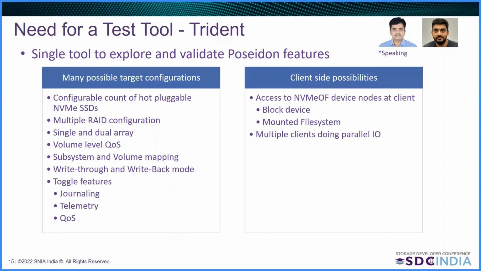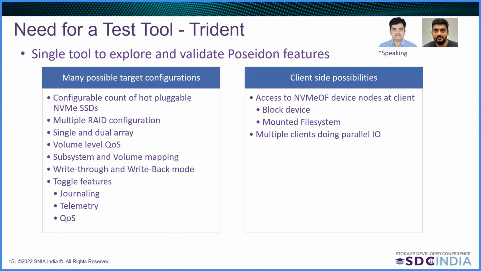We can create a data array using a minimum of 4 NVMe SSDs up to 32 SSDs. We can create multiple types of RAID arrays. Supported are RAID 0, RAID 5, and RAID 10. In future, RAID 6 will also be supported. We can create a single array or dual arrays, create volumes in specific arrays, and then execute IO on them.